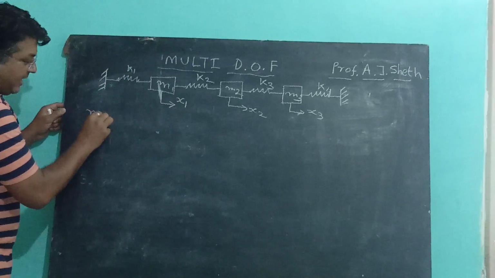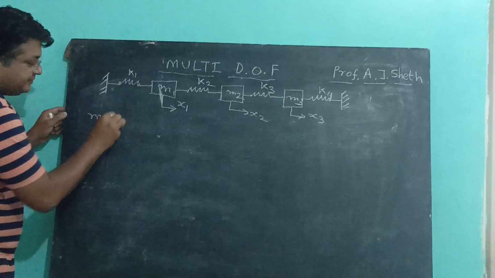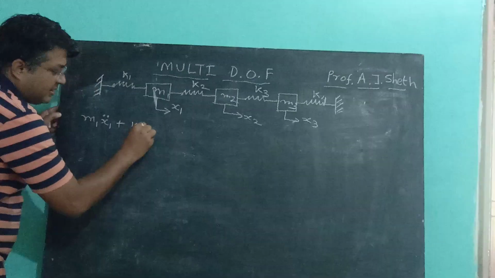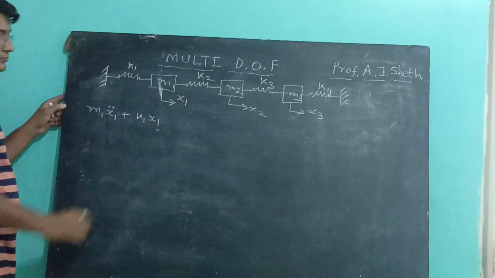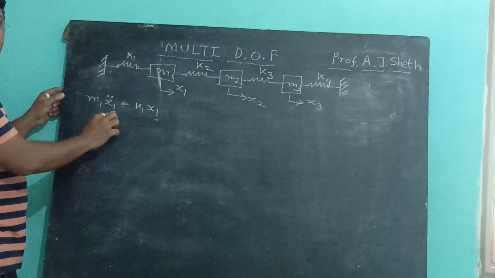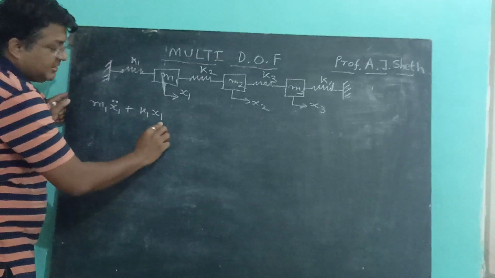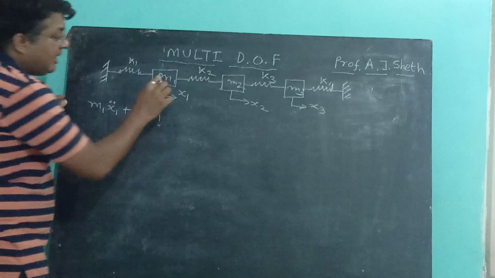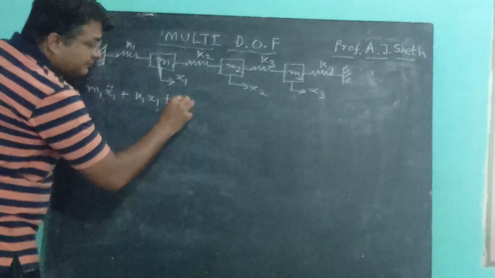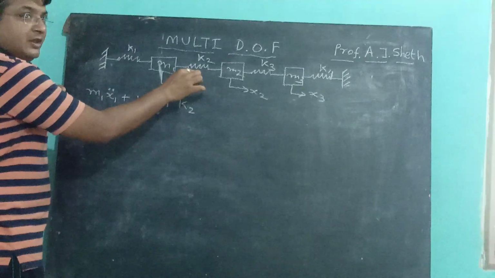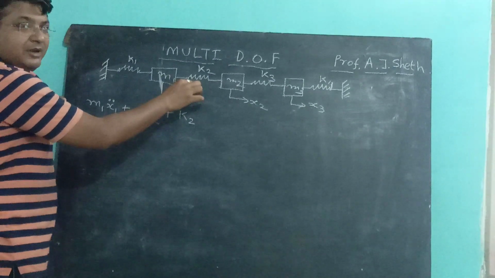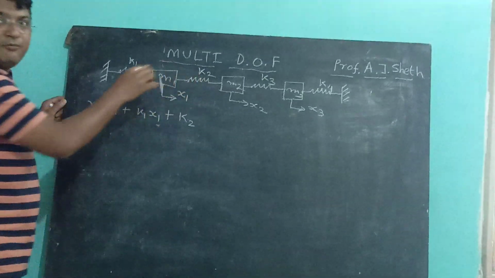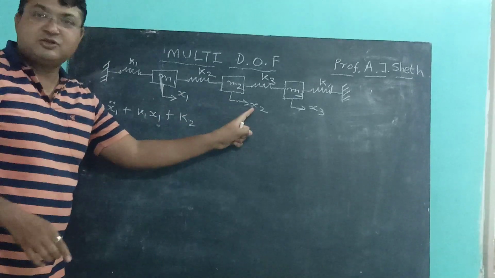First, m1 x1 double dot plus k1 x1, this is the inertia force. Then the second is the force offered by stiffness. Then K2 is the interconnecting medium for masses m1 and m2, and it is under the influence of both displacements x1 as well as x2.